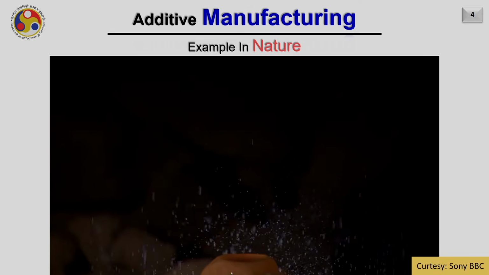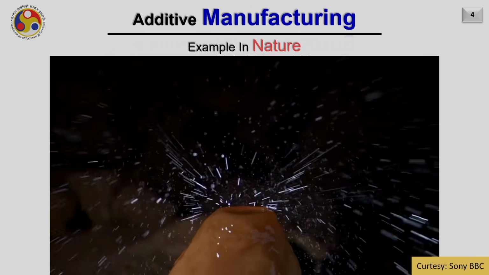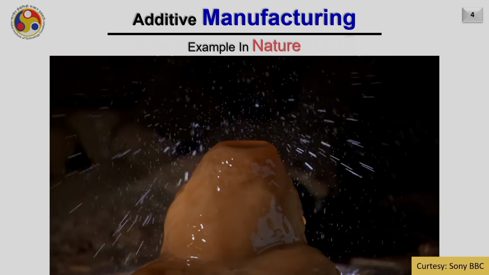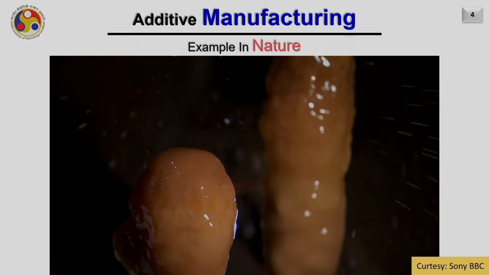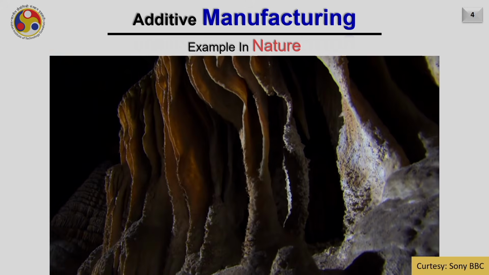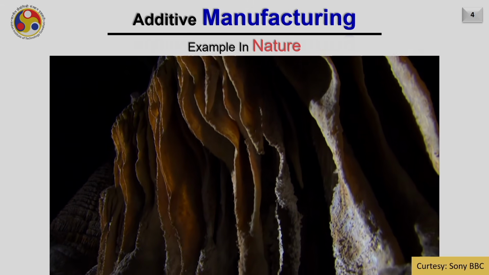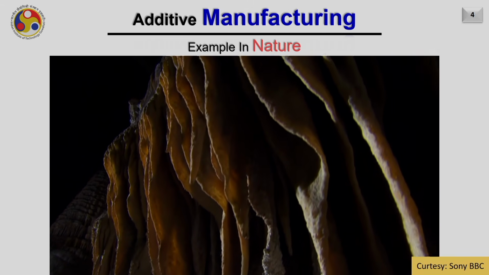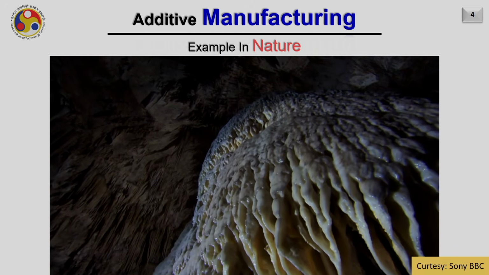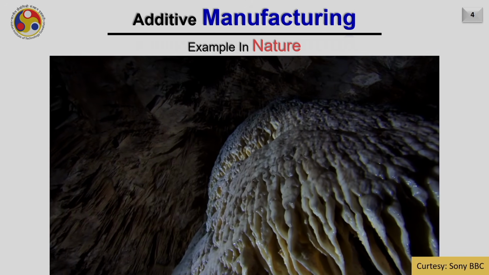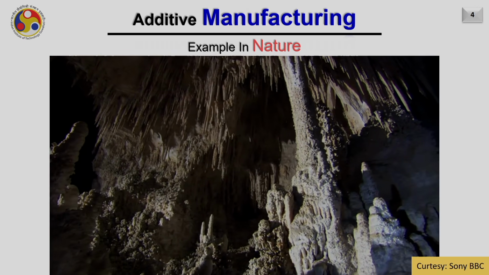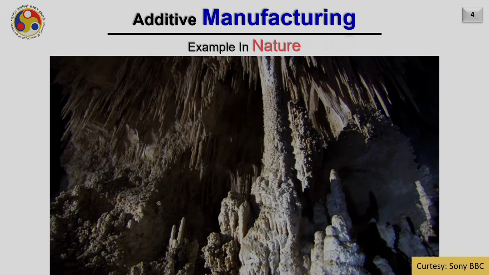When water leaves the limestone cave's wall, the calcite is deposited on the floor, which creates the stalagmite and leaves behind on the roof the stalactite. The process parameters such as airflow and water flow create different structures, but the fundamental remains the same, that is additive manufacturing. These beautiful structures are nearly impossible to obtain by any other manufacturing process.